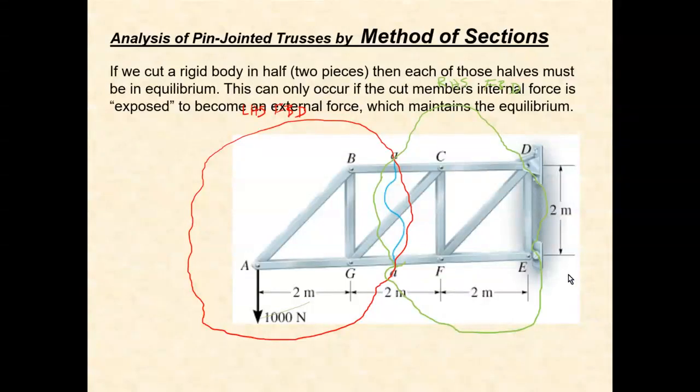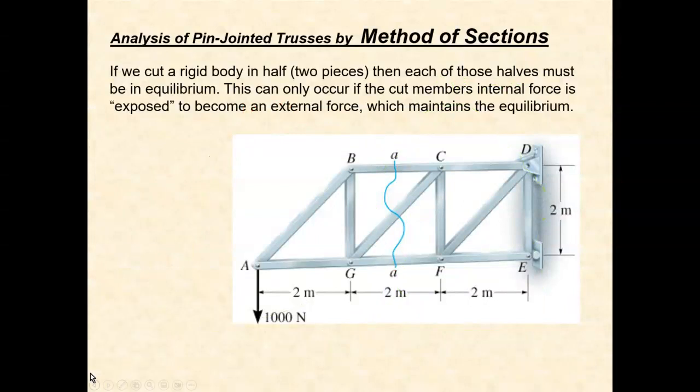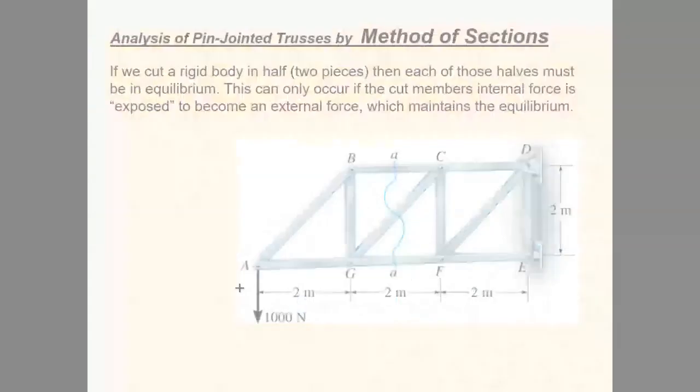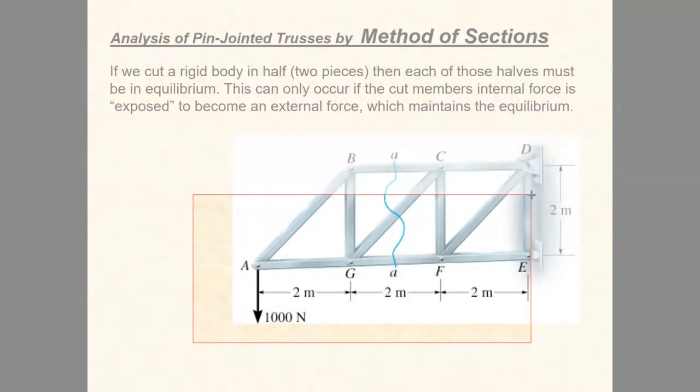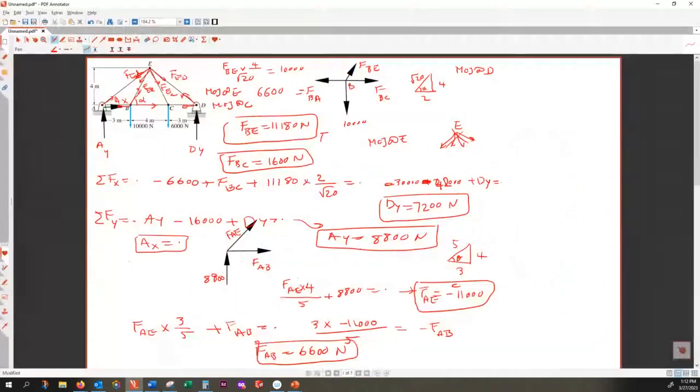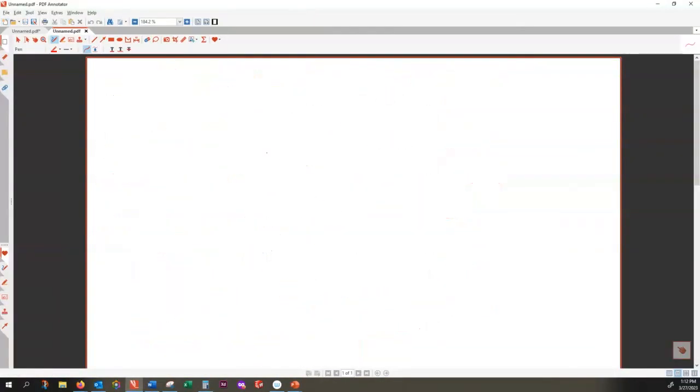Okay, if you're ready, we can attempt this one together. So here I have a truss structure which is fitted to the wall. And here we would like to split that into two pieces. So there are two ways we can make the free body diagram here.